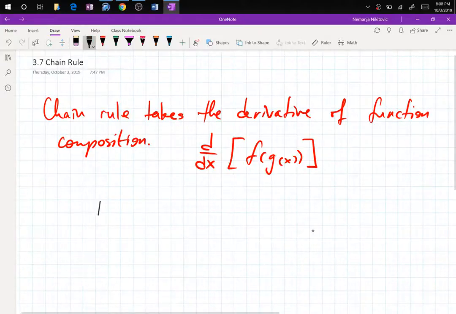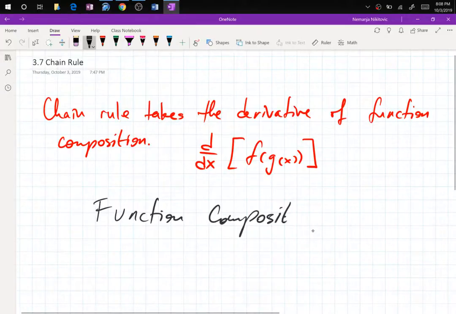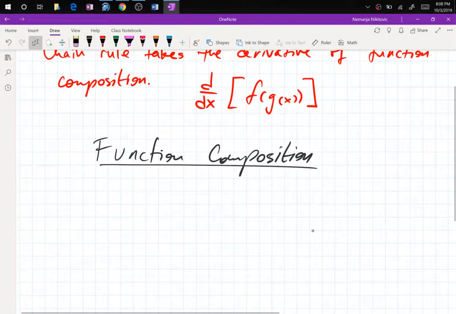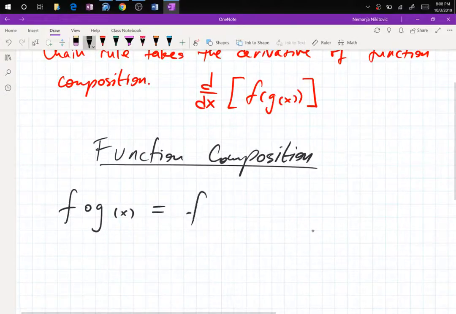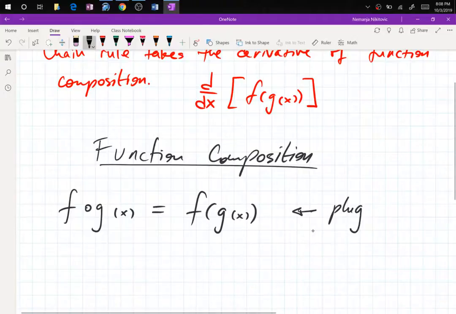So function composition. Pre-calculus. Function composition in mathematics is denoted as f composed with g of x, or f of g of x. And if it's written this way, it means plug g of x into f of x, replacing every x with it.